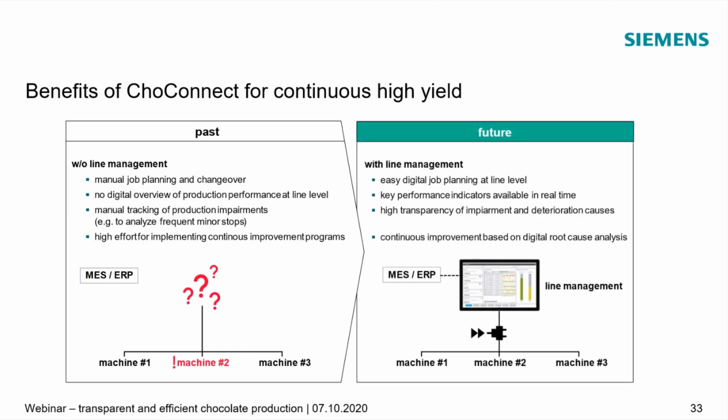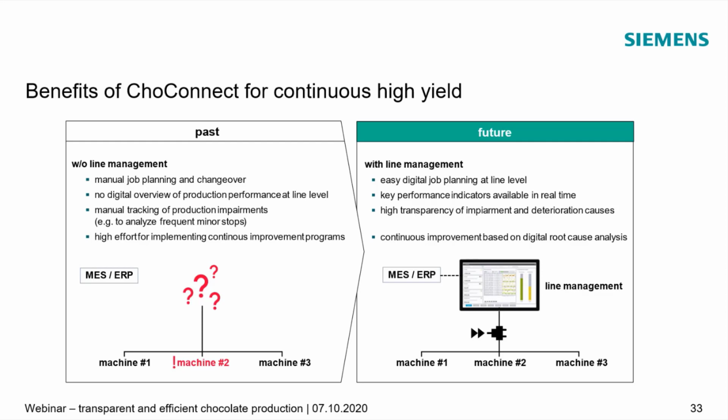With our line management solution, you see here on the right side, you have a much smarter approach of tackling your production challenges. You now have an easy way to do the job planning directly at the line. And you always have an overview of your job pipeline.